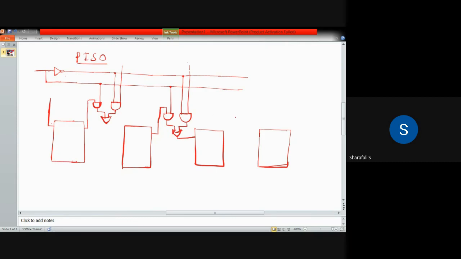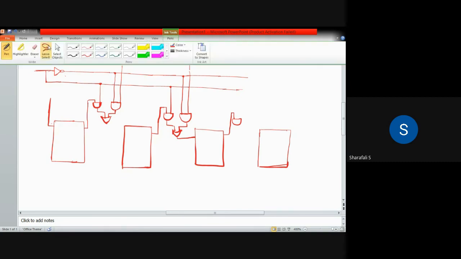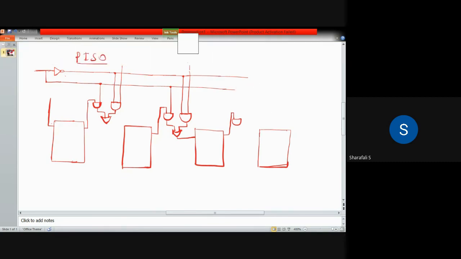Again, we have the next one here, an AND gate, with the connection from the last one. And then we have this connected to the next AND gate.